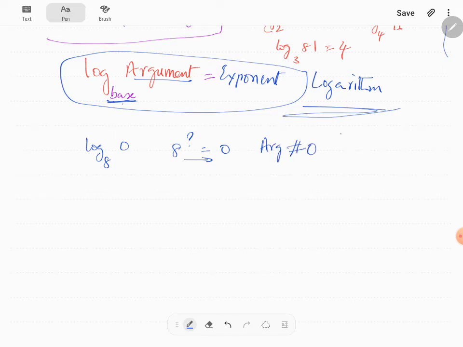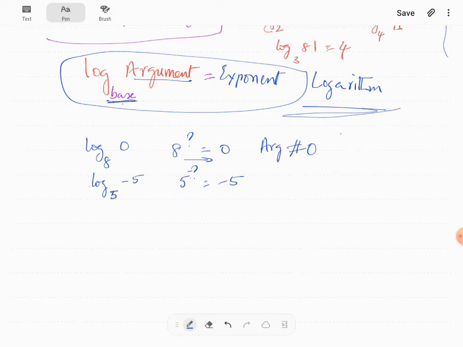Okay. Can the argument be negative? Let's look at that. 5 to the power of what is negative 5? Can any exponent on top of 5 evaluate to a negative number? 5 to the 1 is positive 5, not negative 5. 5 to the 0 is 1.